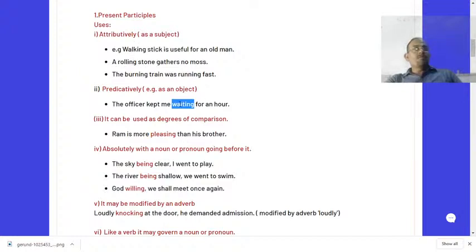Whenever the ing form is used after the object, it is used predicatively. Understood? So I have explained the attributive as well as predicative use of present participle. Once again, attributively means the present participle is used before the subject, but whenever it is used after the object, it is the predicative use of the present participle.